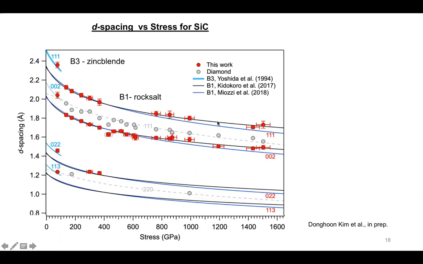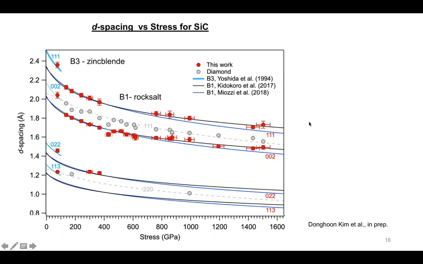The solid lines, the black and blue, are extrapolated, predicted d-spacings from the extrapolation of the equation of state from diamond anvil cell data. There were a couple of different studies, and our results are consistent with that out to the highest pressure. We also have some diamond peaks that are observed. Those were those spots. So basically that's the diamond 111 line that we see here, and the 220.